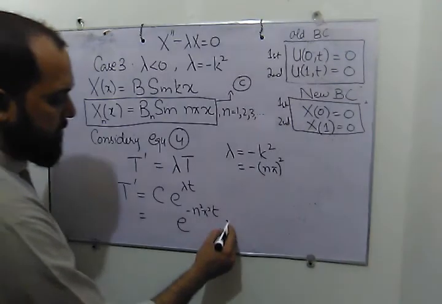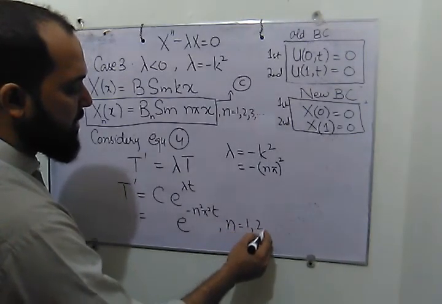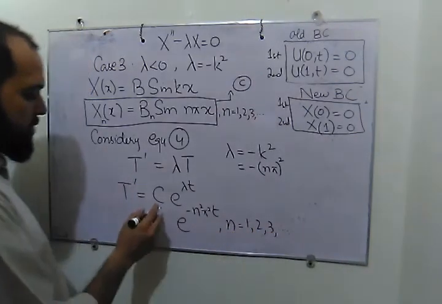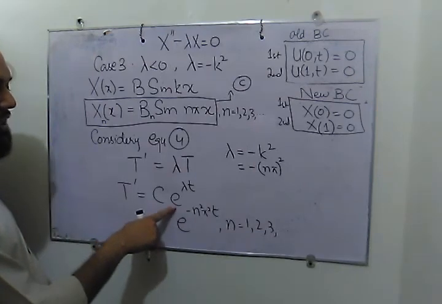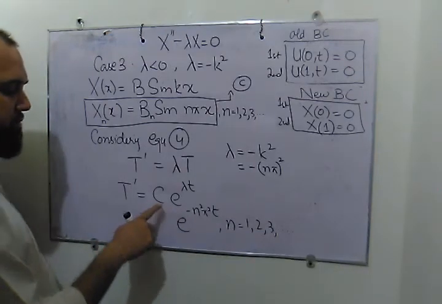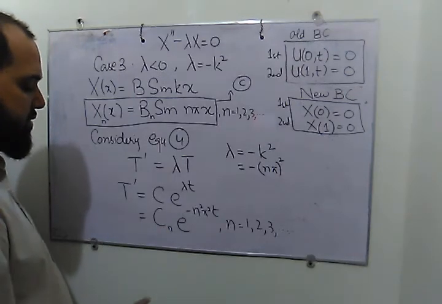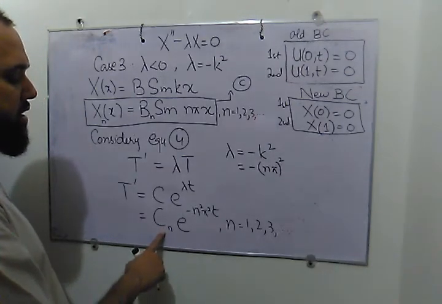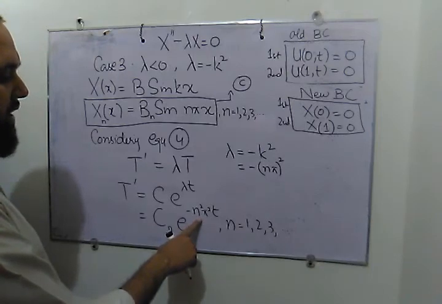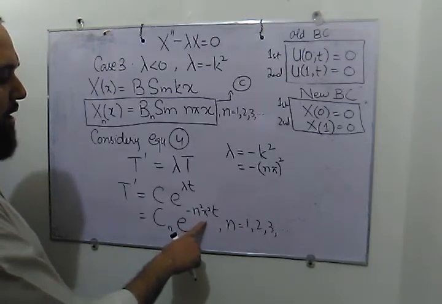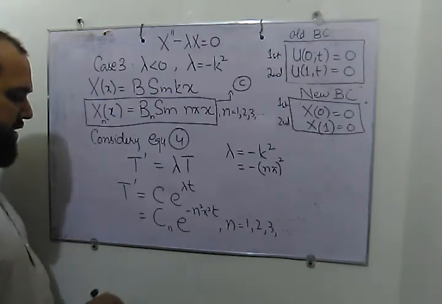Since n has multiple values, the coefficient associated with the exponential will be multiple, and we represent it with Cn, which means C1, C2, C3 for each of e to the minus pi square t, minus 2 square pi square t, minus 3 square pi square t.